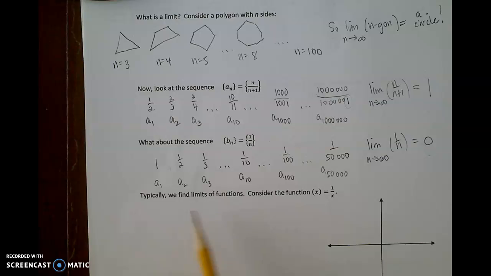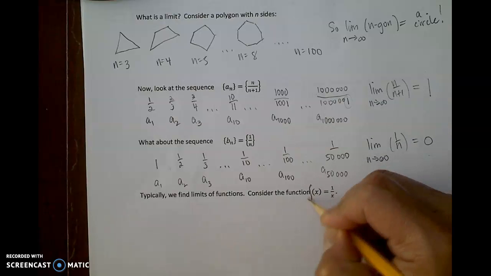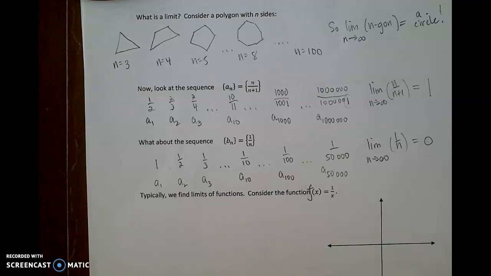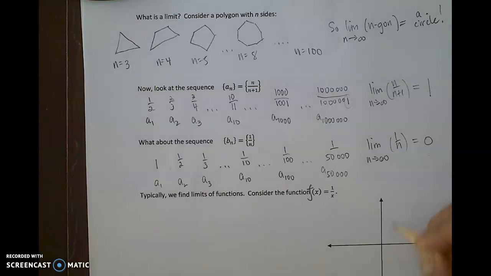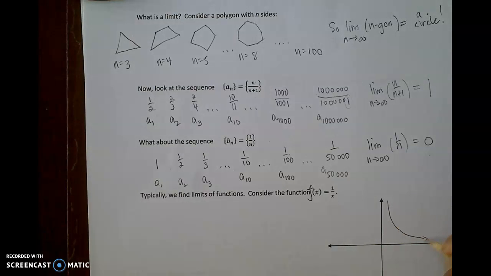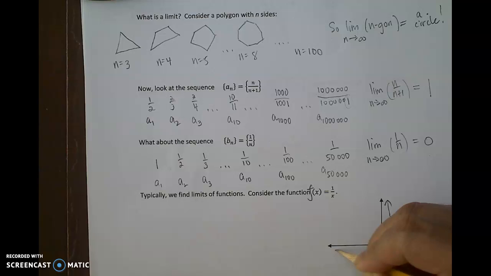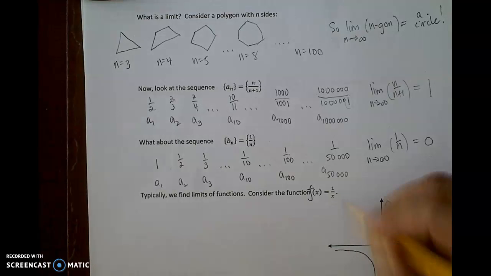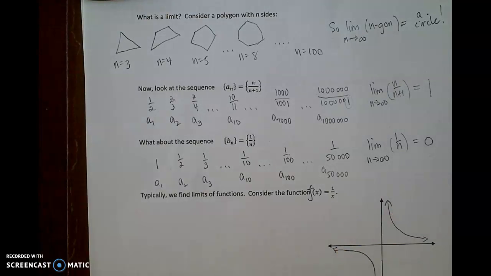Now, typically we find limits of functions. So let's consider this function, f of x is equal to 1 over x. When you graph this in your calculator, the graph is going to look something like this. This is the graph of the function 1 over x.